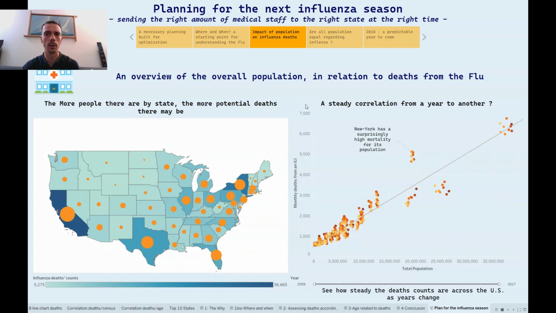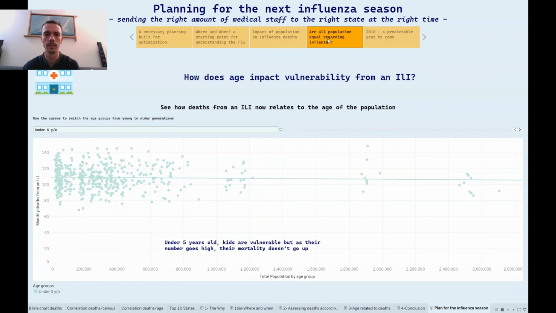But are all populations really equal facing influenza? We know from medical articles that age is a big part of explaining why people are suffering the most from the influenza, namely children under 5 years old and older people. Here, I was able to isolate from age groups all the death counts in correlation with the number of people by state.